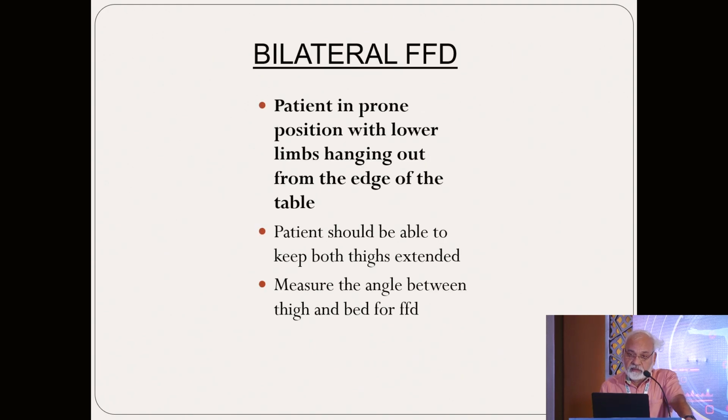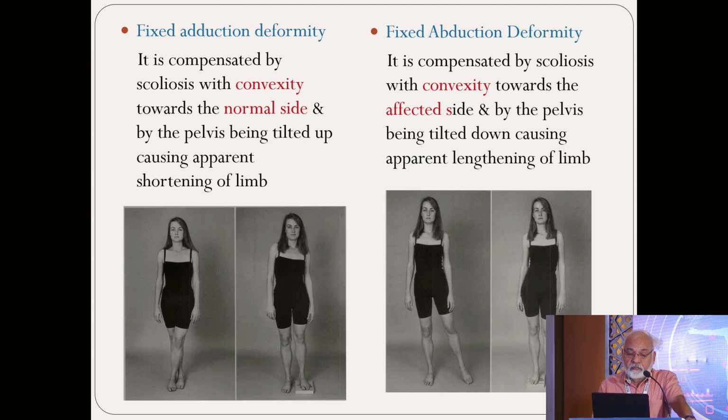If it is bilateral, then the child or person may be hung at the side of the couch, and then we have to extend the hip joint and look at how much deformity there is. In fixed adduction deformity, which is always compensated, there is convexity toward the normal side and the pelvis is tilted, causing apparent shortening of the limb.